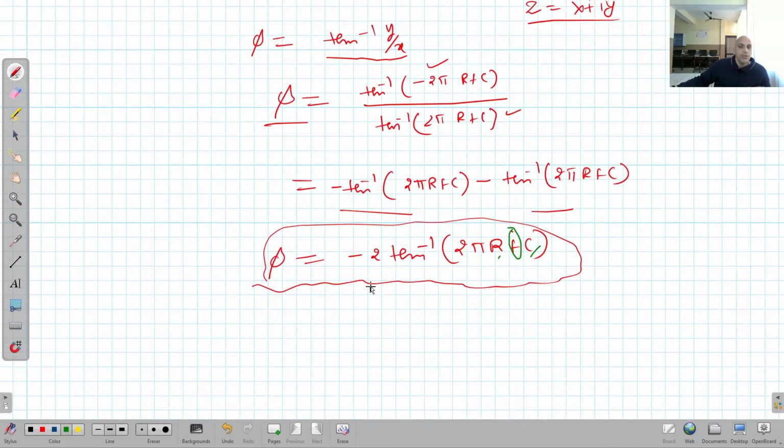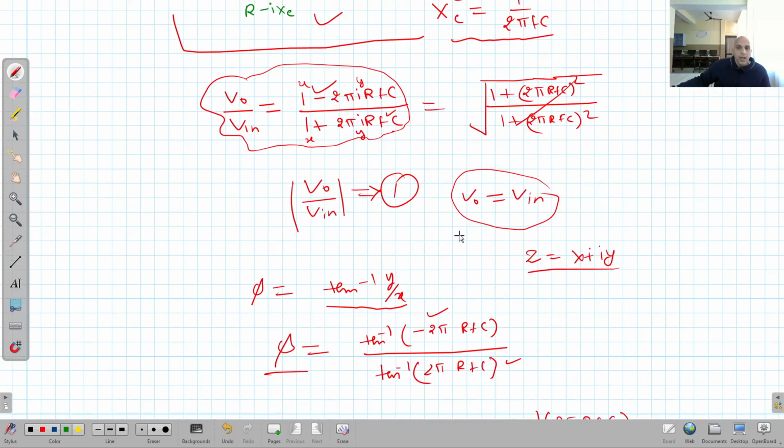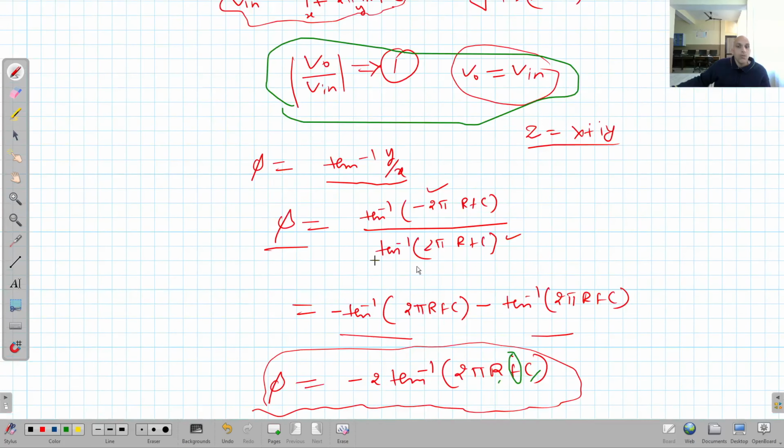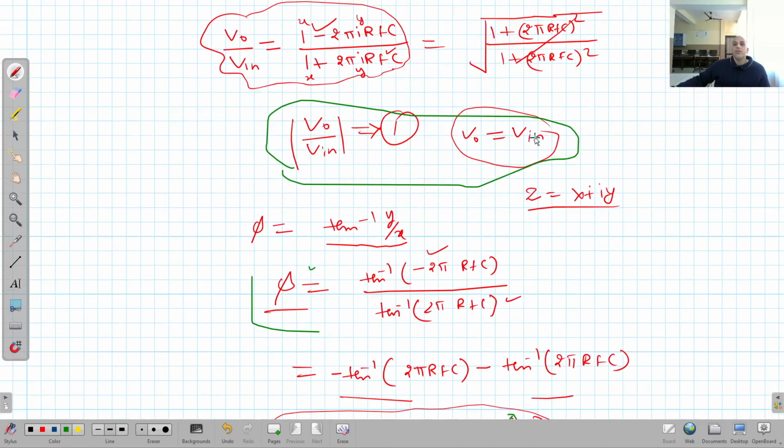We can induce the desired phase difference between the input and the output, although the gain is equal to 1 in magnitude, right? It means V output is equal to V input. What is very important is that the phase is not the same. There is a phase difference between the input frequency and output frequency, right?